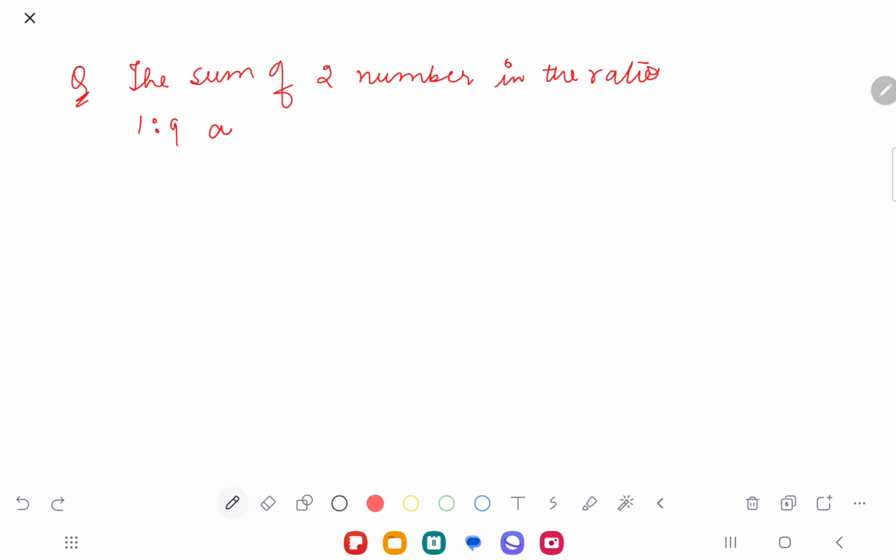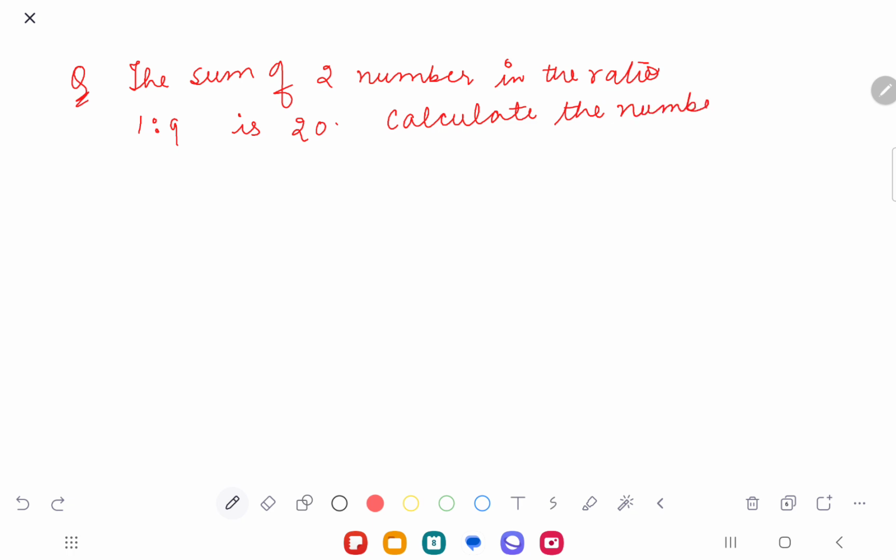Okay. Now understand. For example, if I say the sum of two numbers in the ratio 1 is to 9 is 20, calculate the numbers.